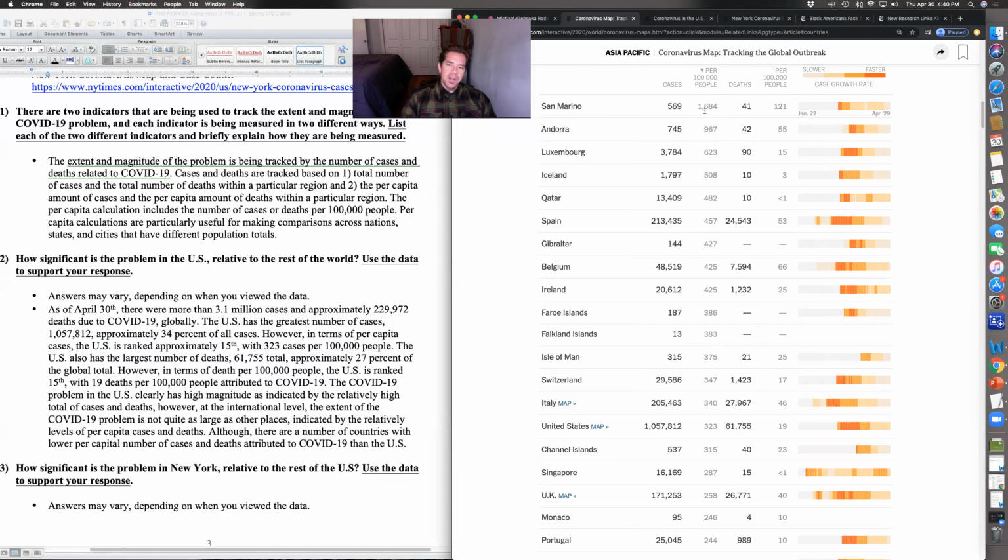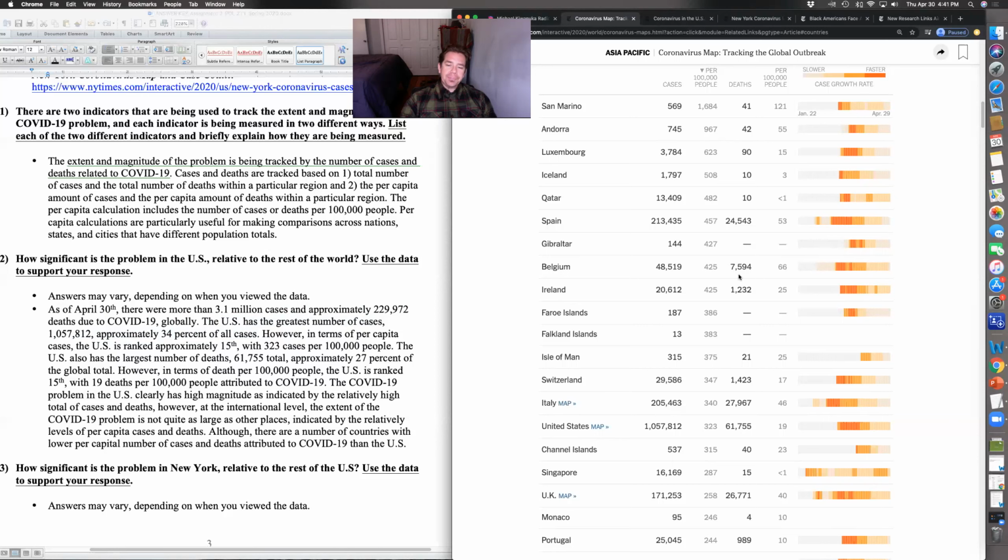So rather than the cases being ranked by the amount of total cases, you have countries being ranked by per capita cases. And so San Marino pops to the top, 1,684 cases per 100,000 people. Pretty high. And the next one down, Andorra, 967, Iceland, so on and so forth.